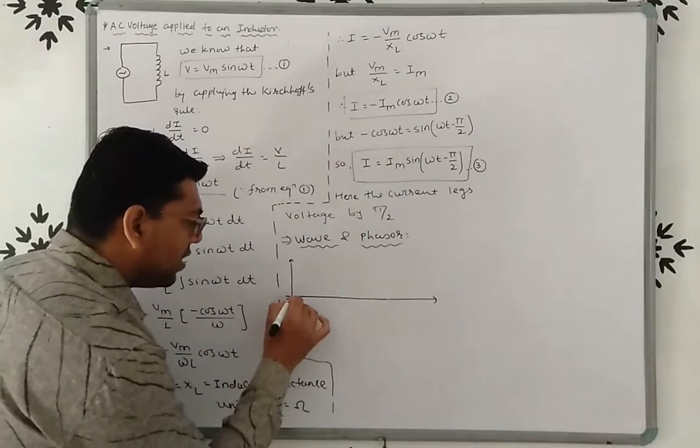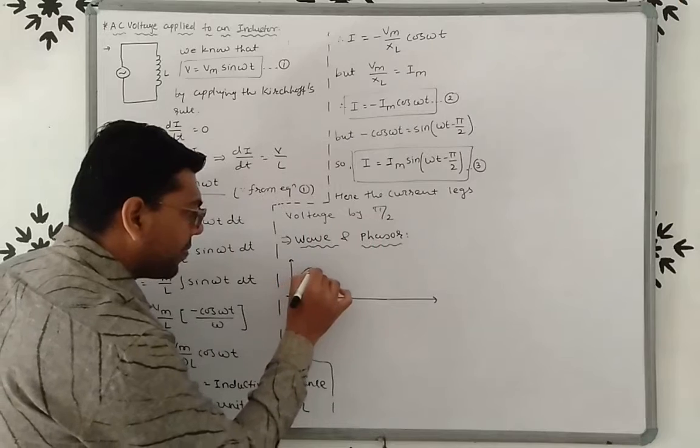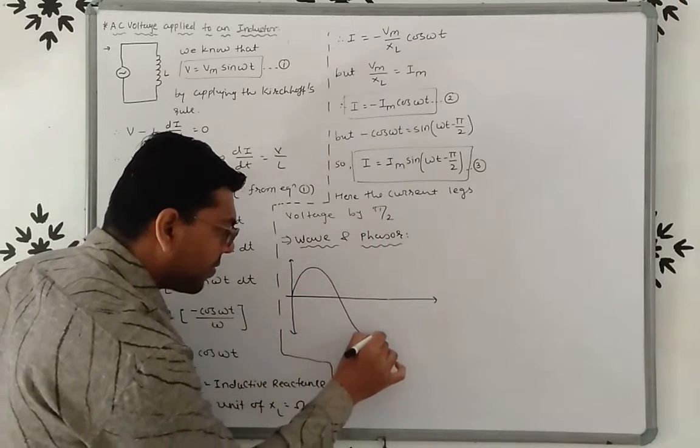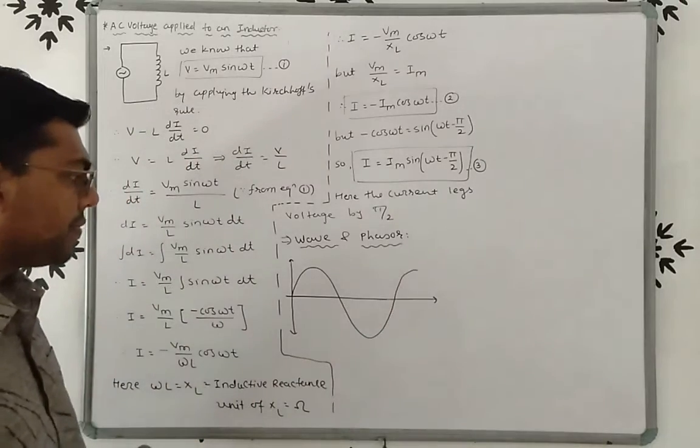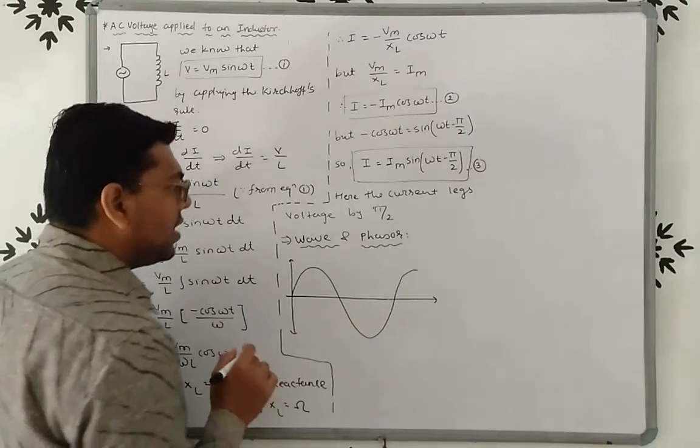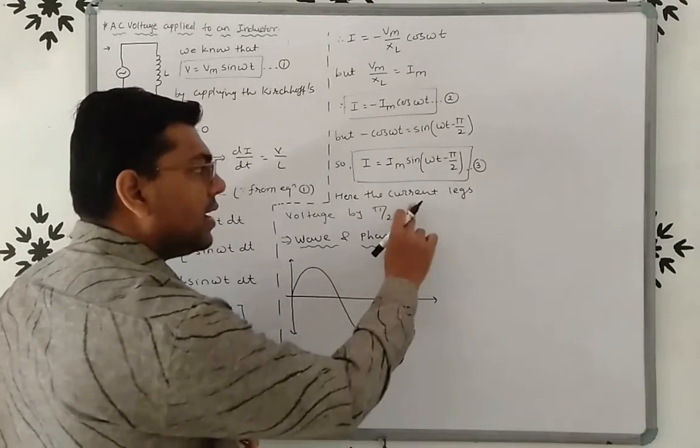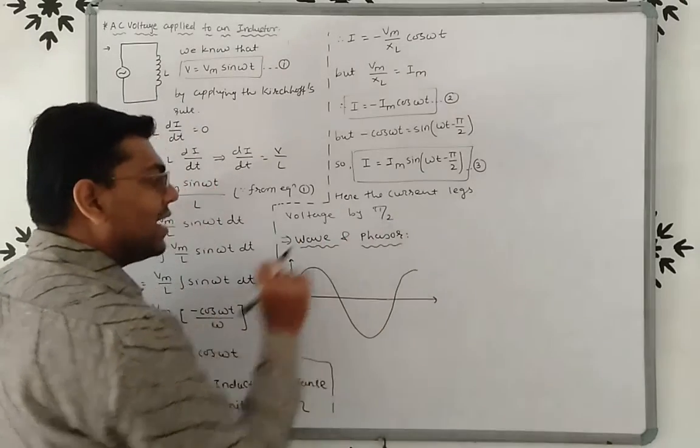This is the voltage, and here the current lags voltage by angle pi by 2.